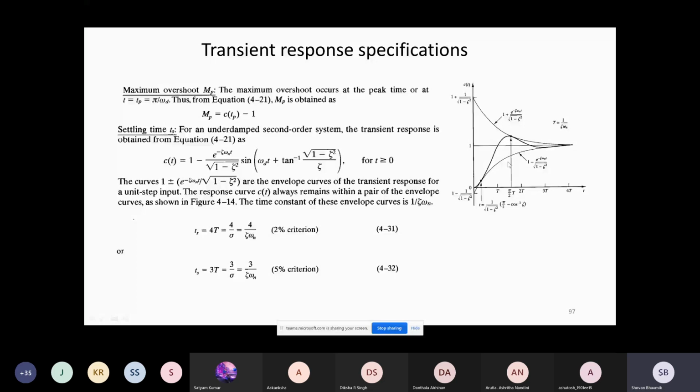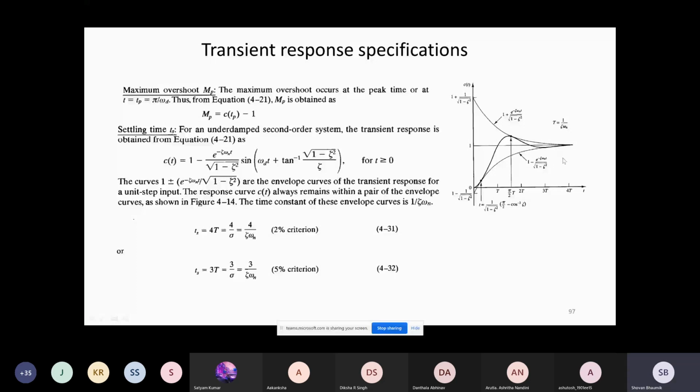You need to see this envelope is 1 minus e to the power minus zeta omega_n t by square root of 1 minus zeta square, and 1 plus the same term. So you see this envelope will reach a point, and the response will not go outside this envelope. So whenever these two envelopes reach the 2% criteria, that point will be the settling time. So this is very simple.